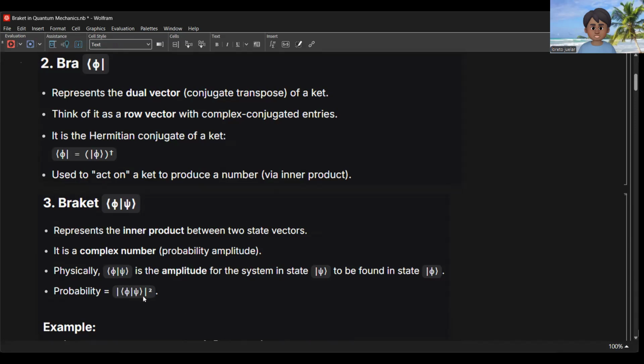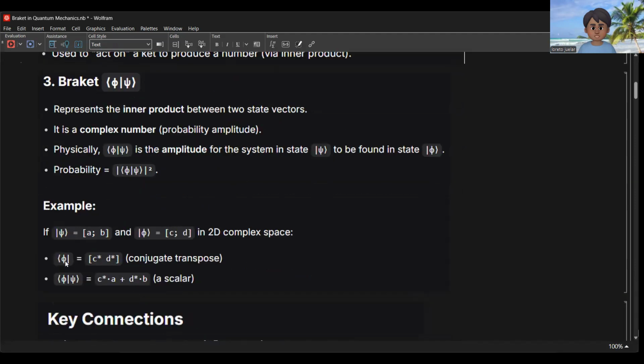The probability is equal to the square of the absolute value of the bracket of phi and psi.